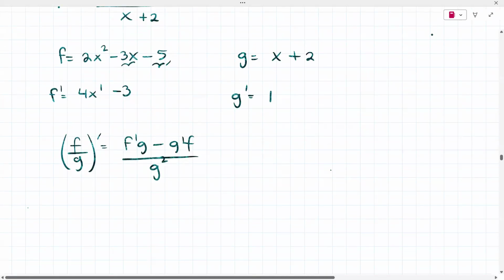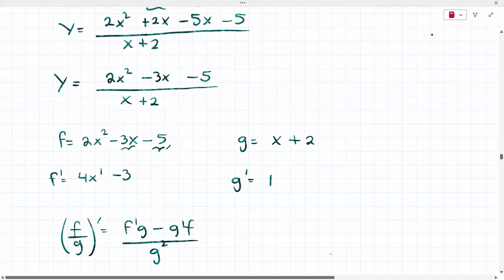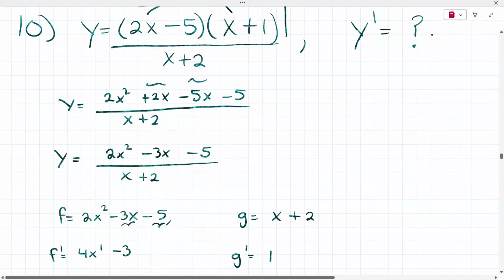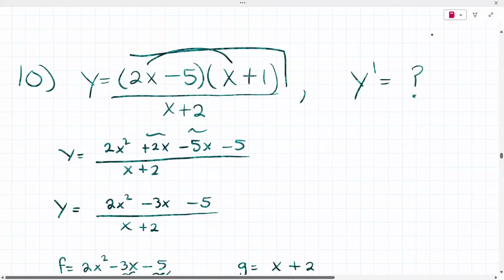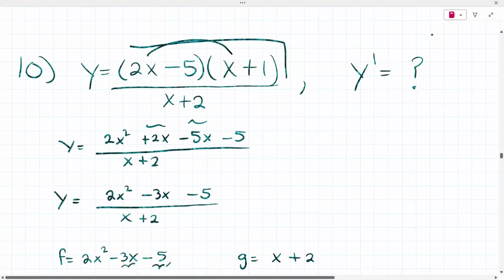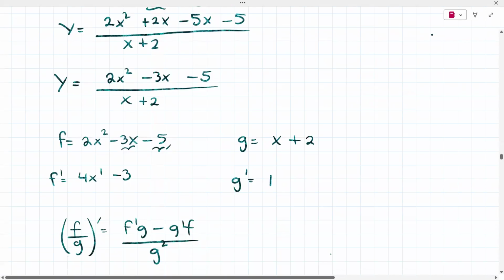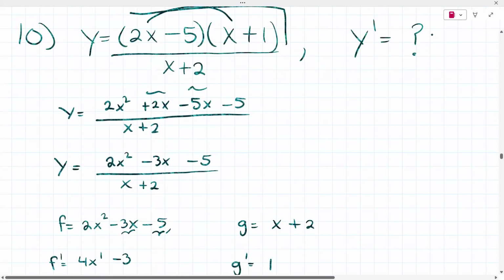Okay, so my y prime is going to be, my f is... did I do this right? 5x minus 2x is negative 3x.